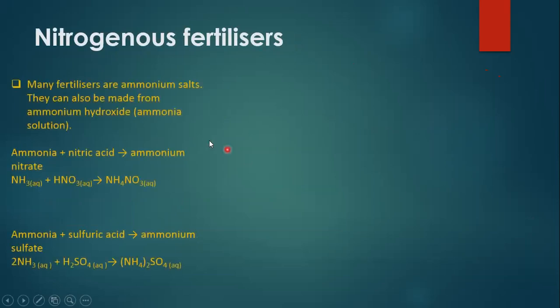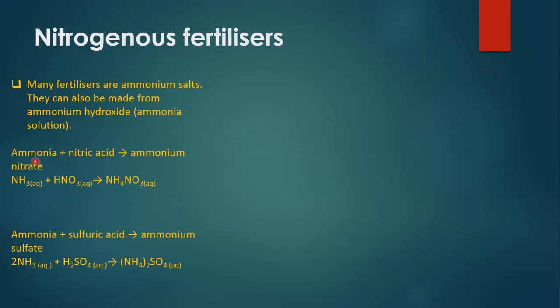Nitrogenous fertilizers. Many fertilizers are ammonium salts. Basically, the fertilizers are normally ammonium salts, and they can also be made from ammonium hydroxide or ammonia solution. How do we make different fertilizers by using ammonia?